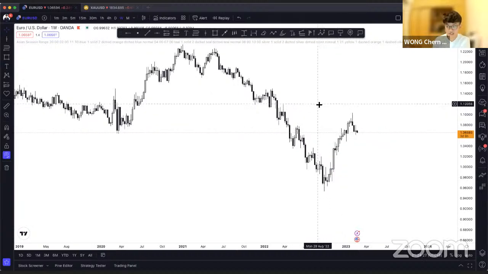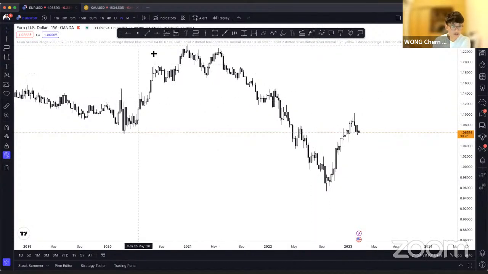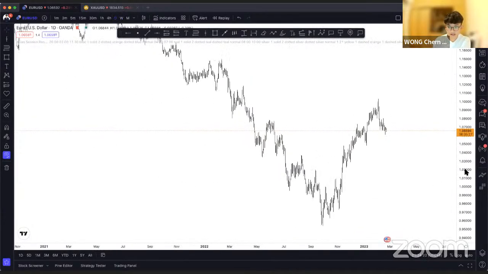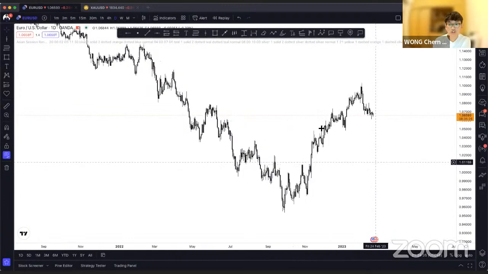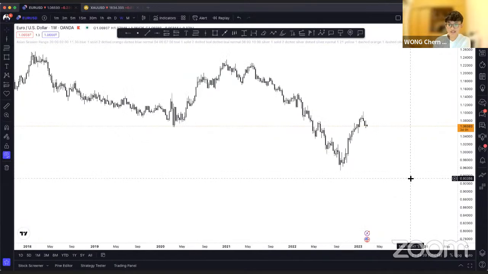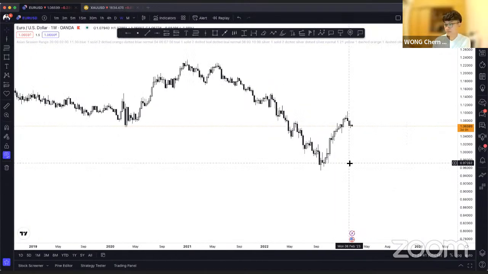However, if we go down to the daily time frame, we could potentially see some bullish continuations, and on the weekly time frame, we can see that price has been very bullish.